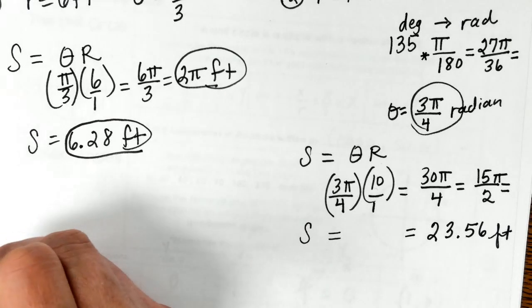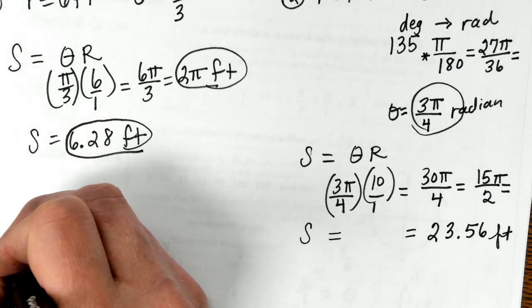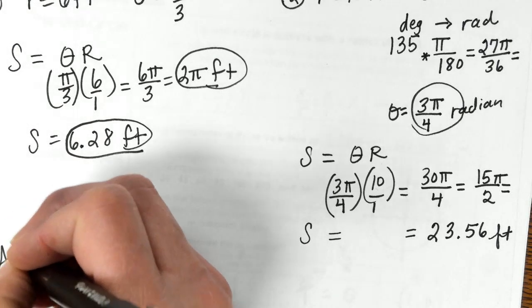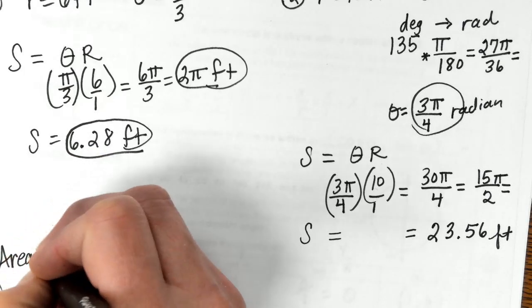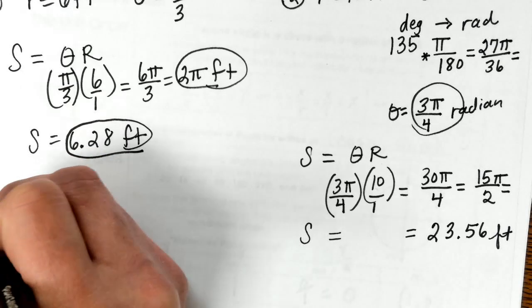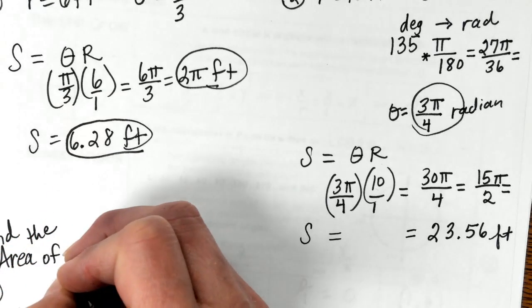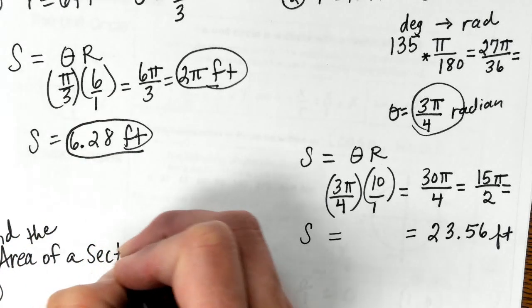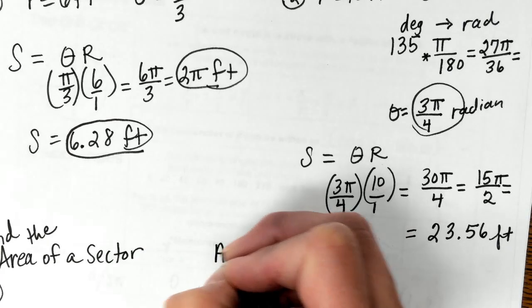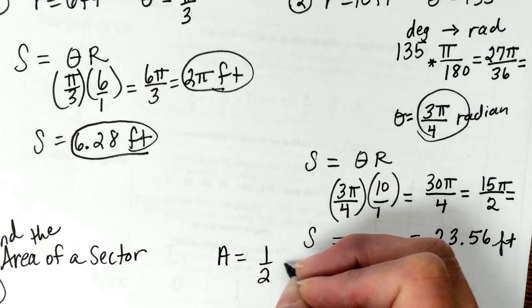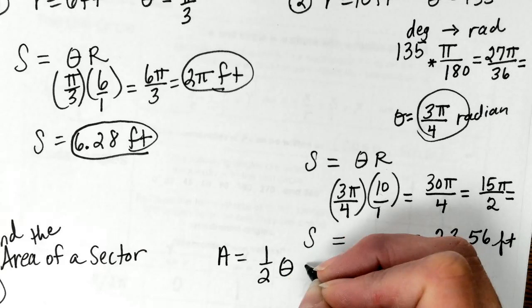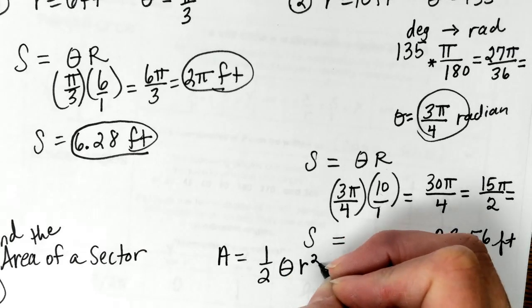In problem number 3, the directions change, and it tells you to find the area of a sector. And the formula for area of a sector is 1/2 theta times the radius squared.